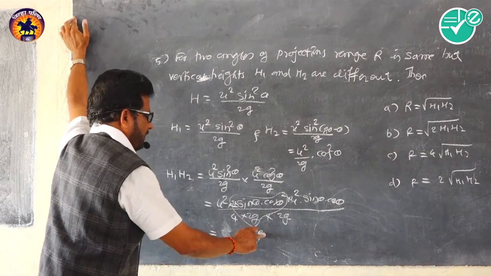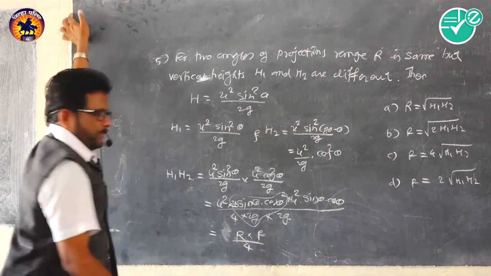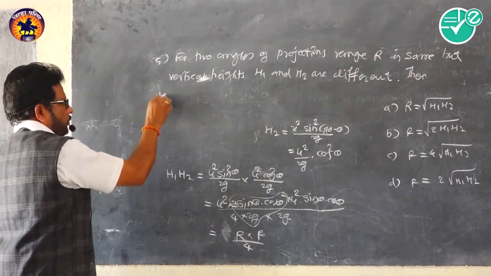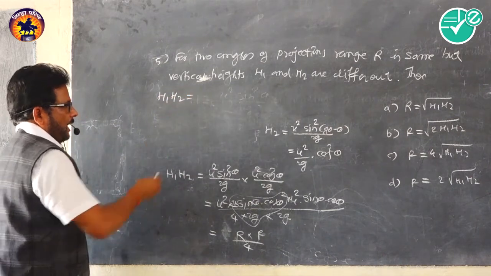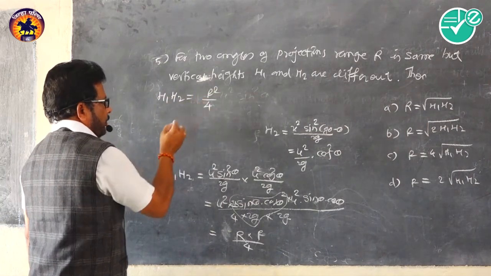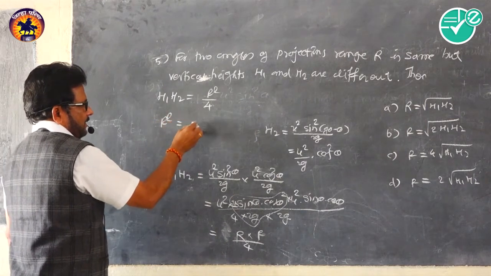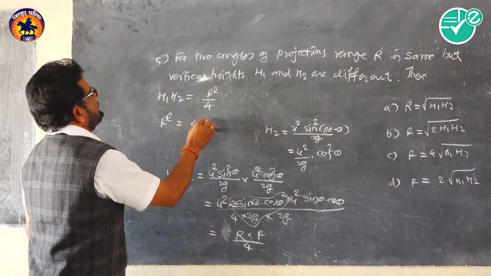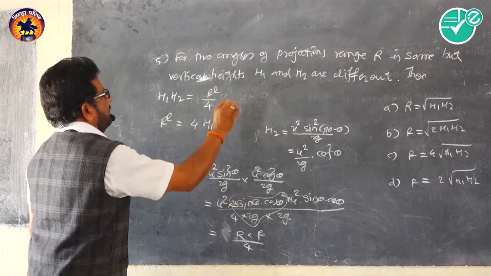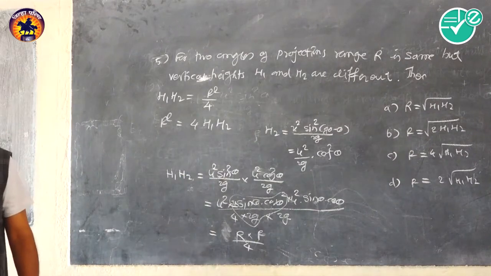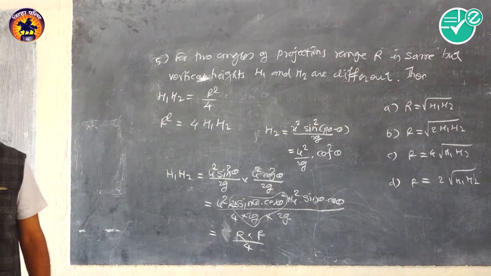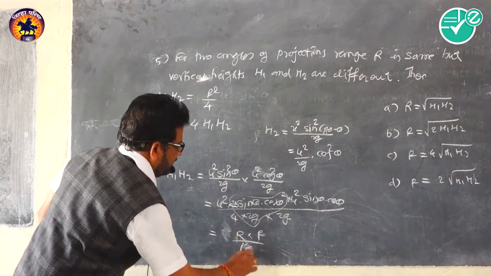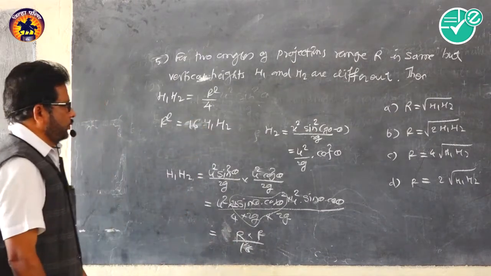So R divided by this 4, and therefore we get H1 H2 equal to R square by 4, or R square is equal to 4 H1 H2, or 16 H1 H2 after squaring.